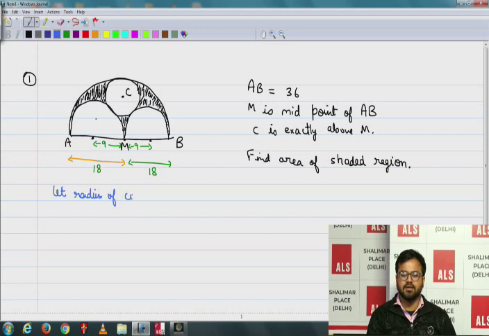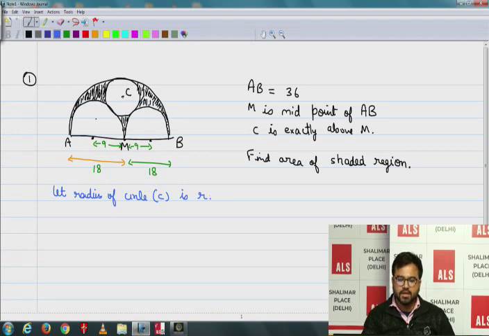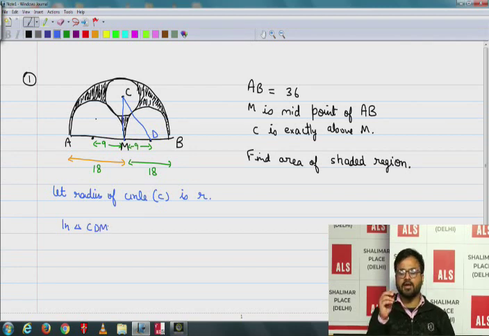the radius of circle C is R. Suppose that radius is R. So if I join this center to this center, and this M to B, and let's say this is D and this is M. So in triangle CDM, what I have done is I have joined the center of that circle C with the center of this smaller semicircle and that M also.